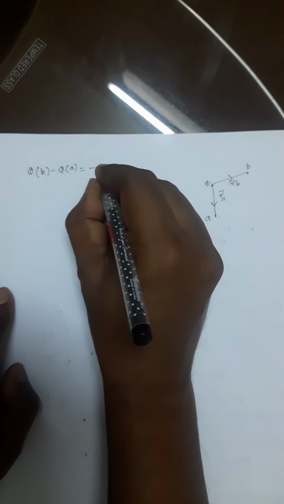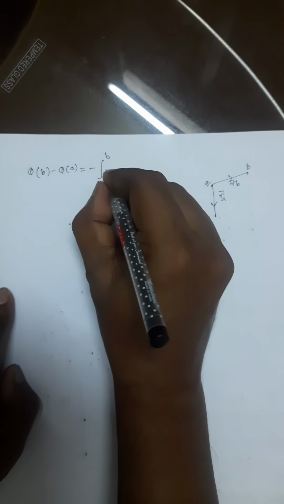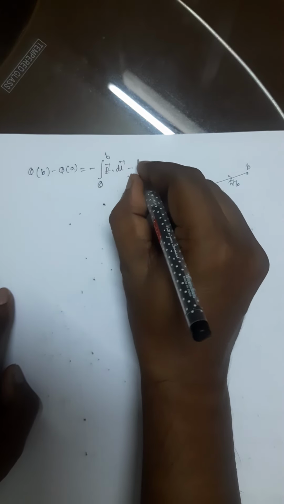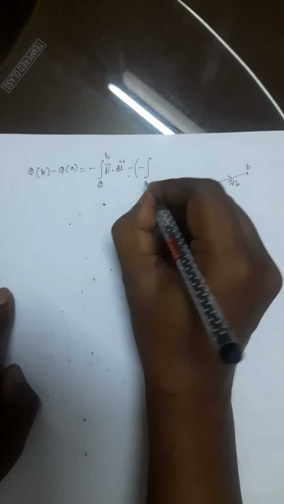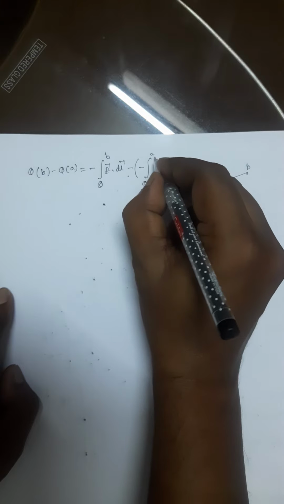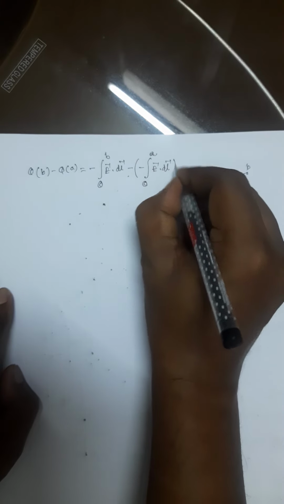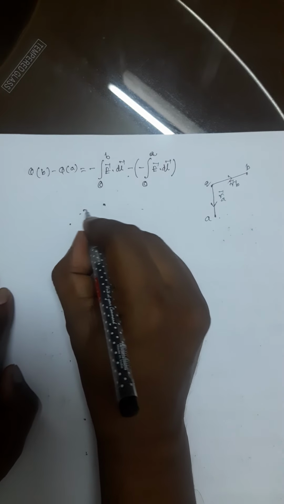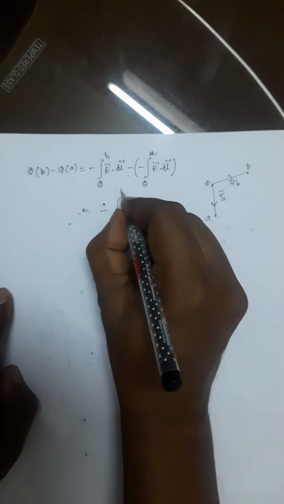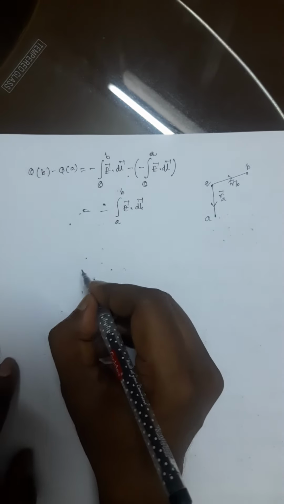We can write the difference as the integral up to B of E dot dl minus the integral from the starting point to A of E dot dl. This will finally give you integration A to B E dot dl.